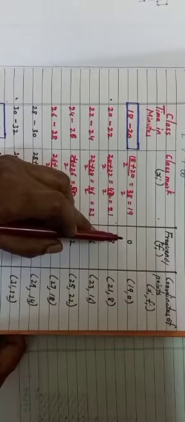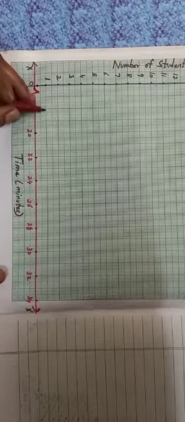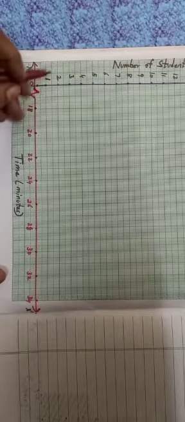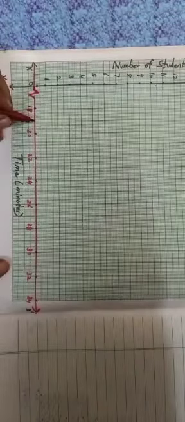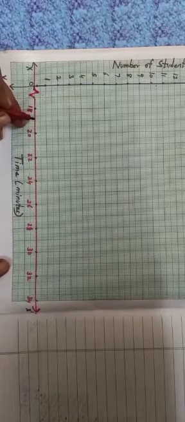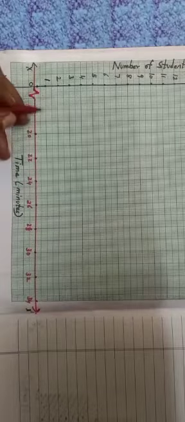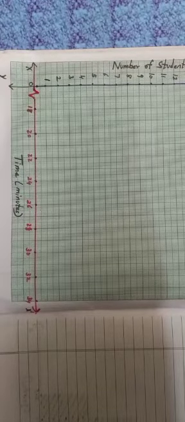So we do not have to construct any rectangle here, because the y coordinate, the frequency, is 0, so the point will lie on the x-axis itself, right? So for 18 to 20, you are not drawing any rectangle. This you should understand. Now, after that, 20 to 22.